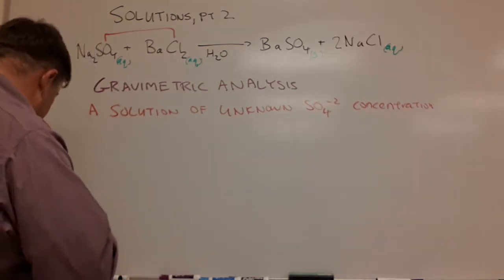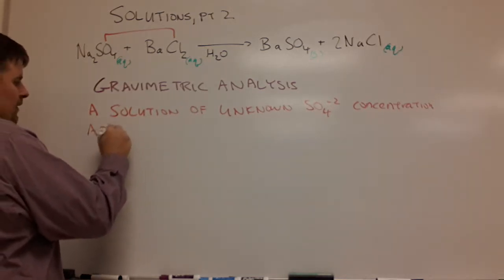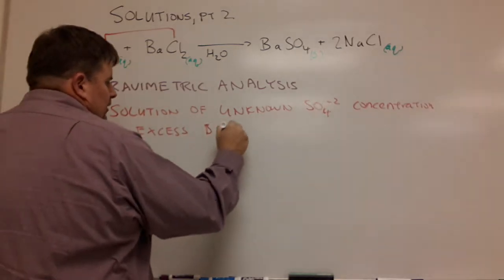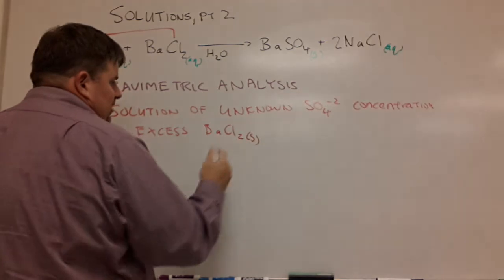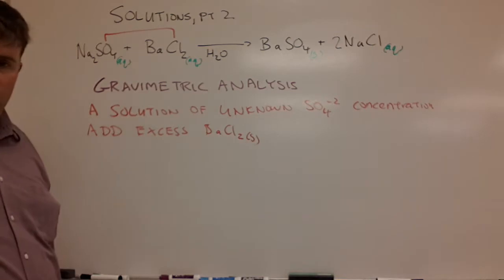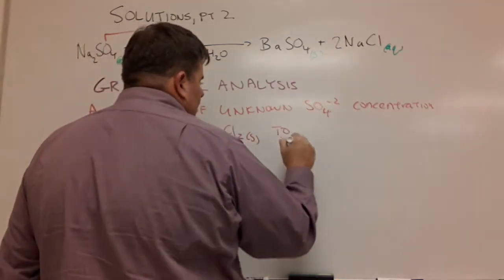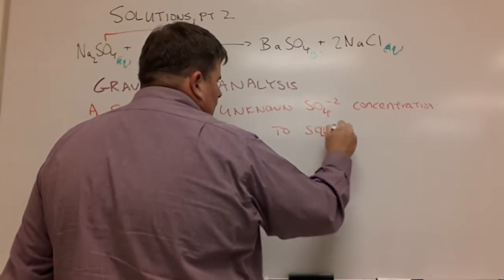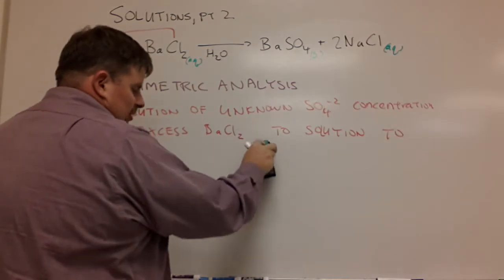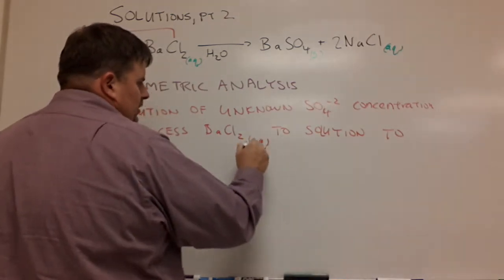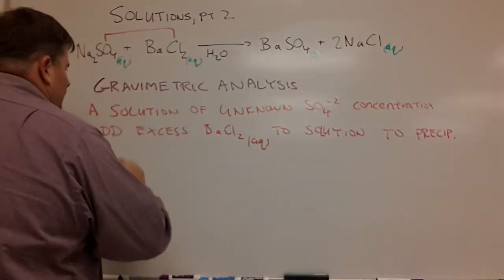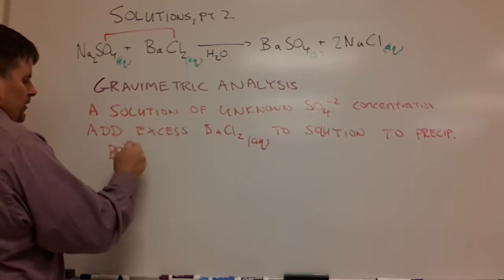So I'm going to add excess barium chloride, and I'm adding it as a salt to the solution. Okay? So adding this to the solution, because it's a chloride, it'll dissolve in the water. Actually, I'm going to add this not as a solid, that might be a little confusing. Let's just do it as an aqueous solution, to precipitate barium sulfate.